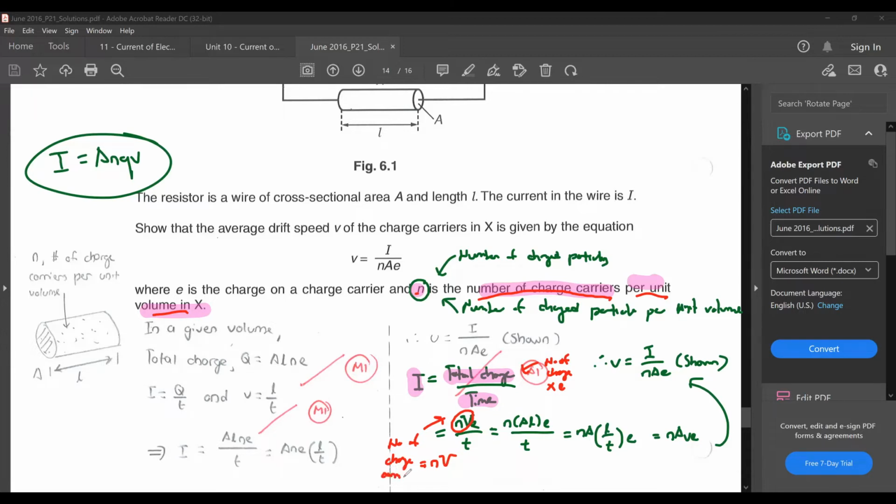Multiply with E, you get total charge. Since V is volume, say this is the conductor with cross-sectional area A and length L, volume is AL. That's why you get this. Then from there, you group L and T together, L over T, which is equal to drift velocity.